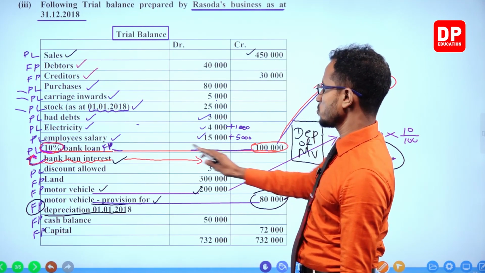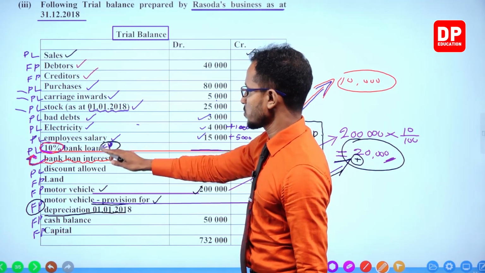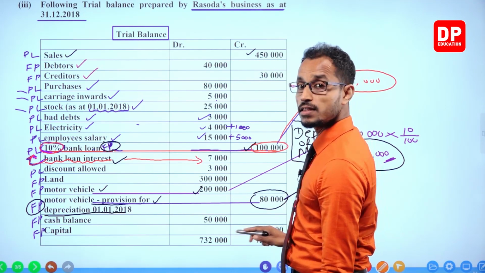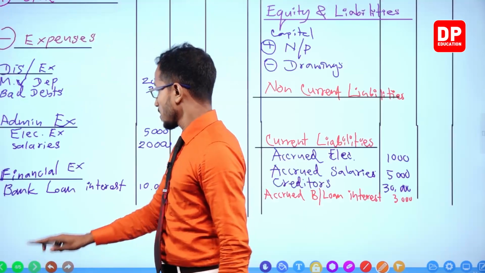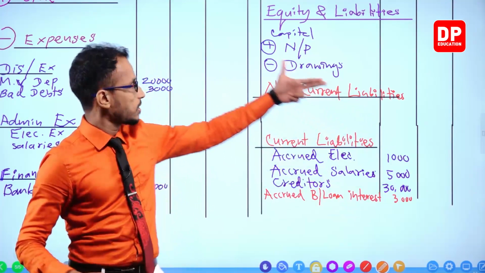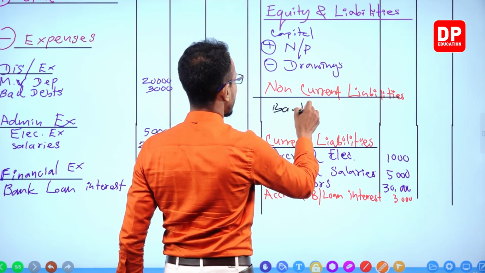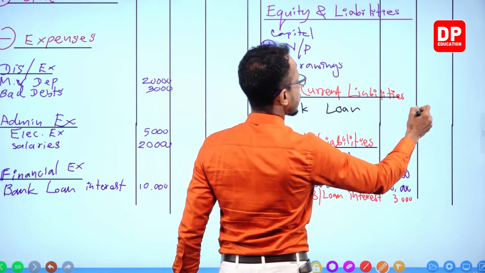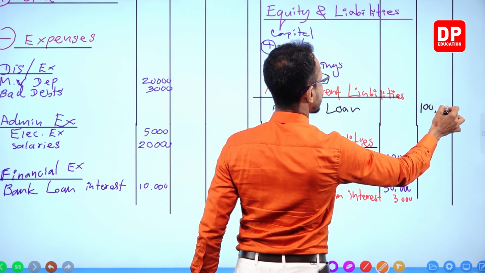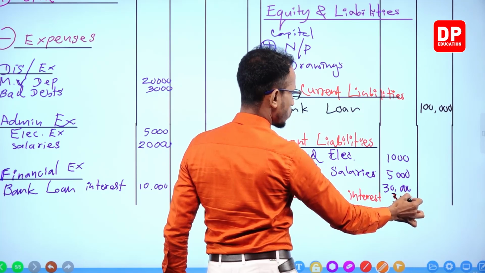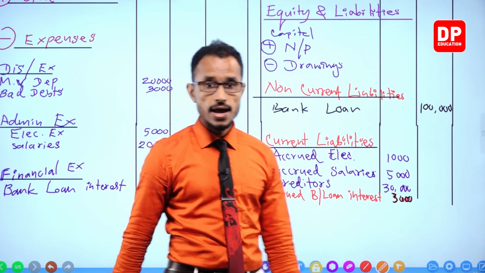Let's go and mention this one in the SOFP. The bank loan, right here, non-current liabilities. Bank loan 100,000. Done. 3,000 bank loan interest accrued amount also done.